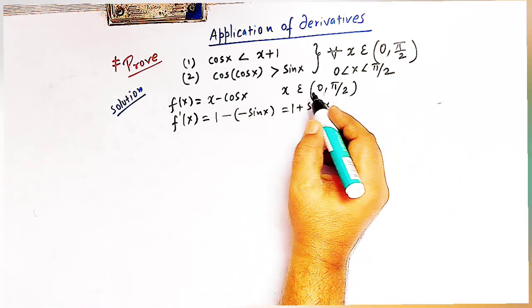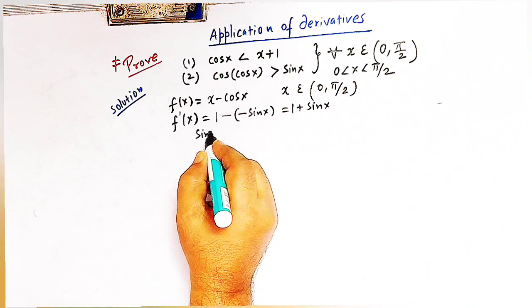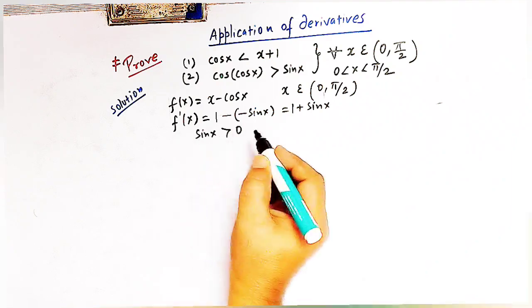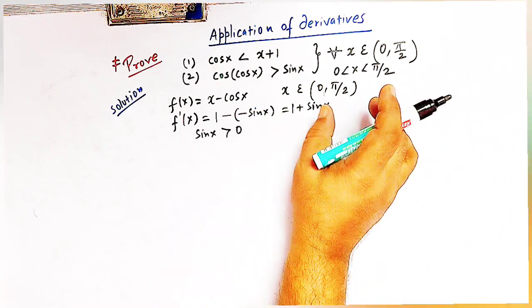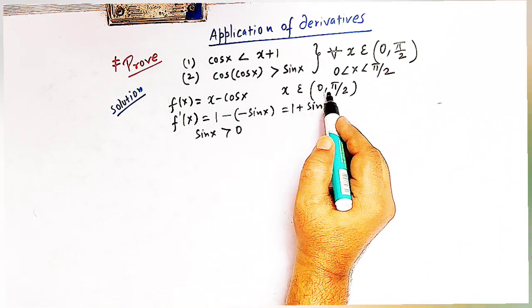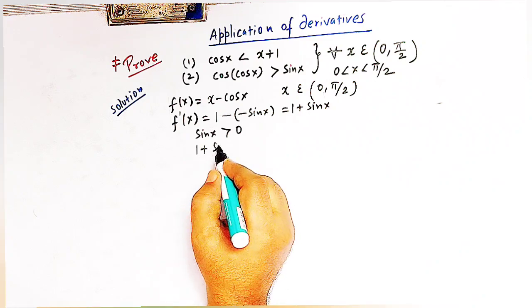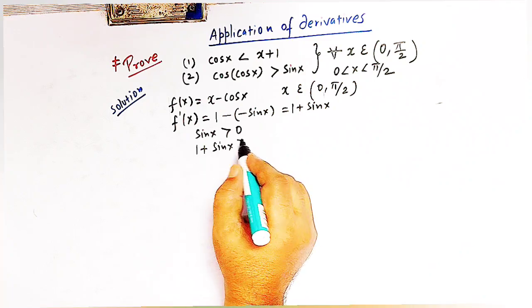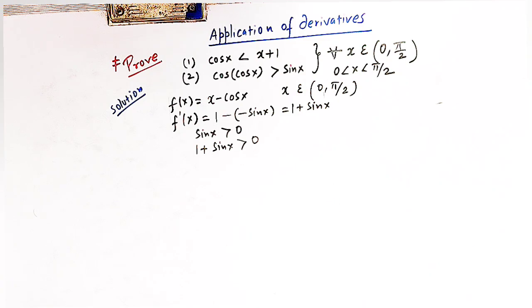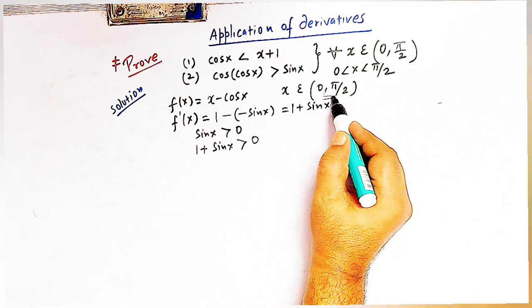And see, sine x is greater than 0, or positive, in the first quadrant, that is when x belongs to the interval 0 to pi by 2. So obviously 1 plus sine x is also greater than 0 when x belongs to this interval.